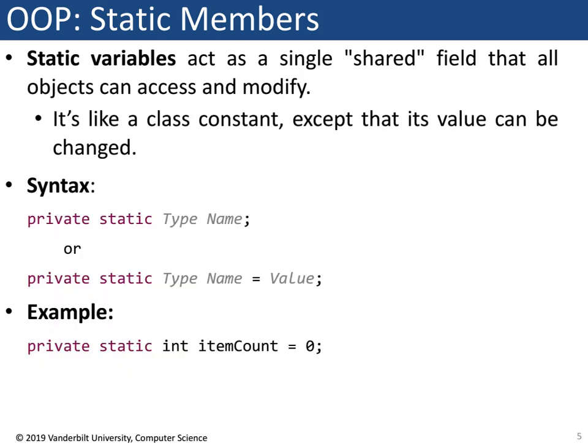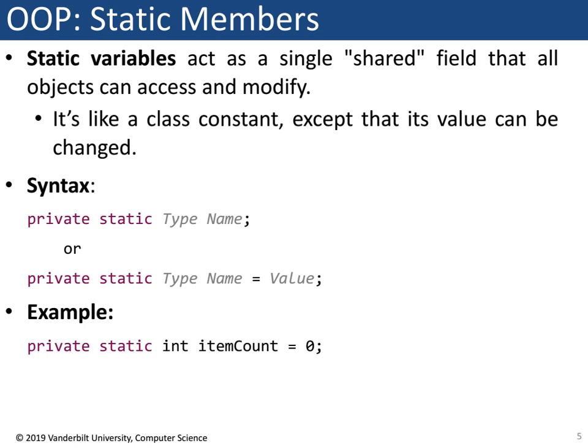So then a static variable is going to be a shared field that all of the instance objects can access and modify. Very similar to a class constant, except that its value can be changed, and it can be changed by any of the objects of that type.